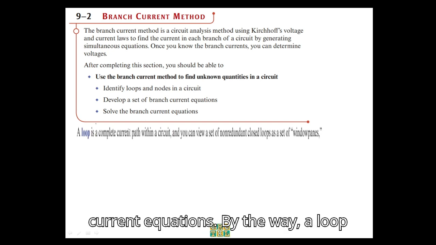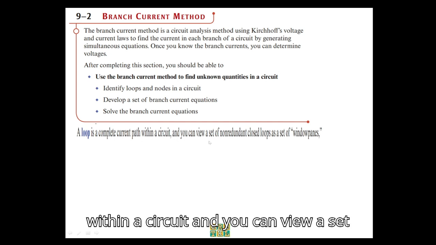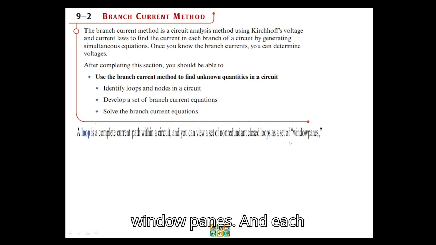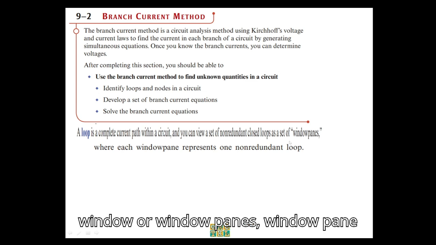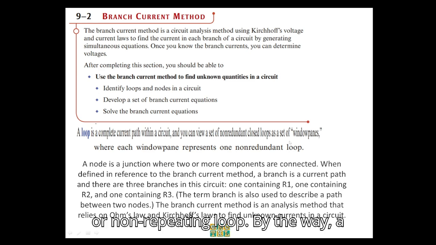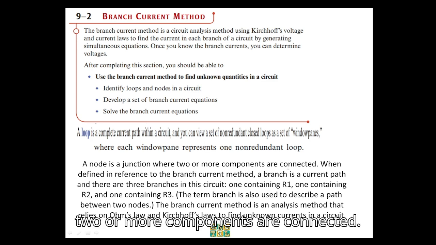By the way, a loop is a complete current path within a circuit, and you can view a set of non-redundant closed loops as a set of window panes. Each window pane represents a non-redundant, or non-repeating, loop. A node is a junction where two or more components are connected.